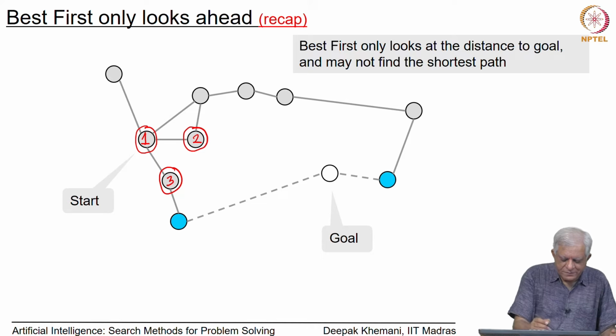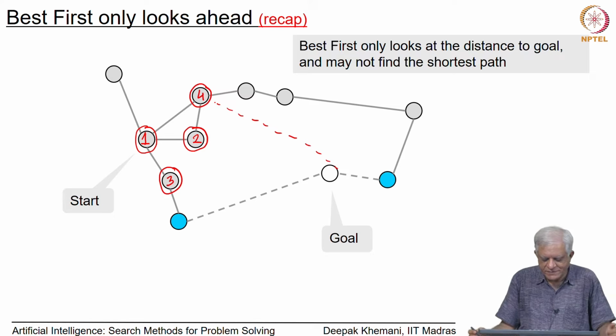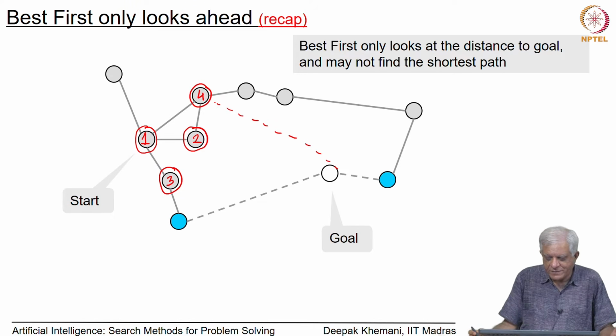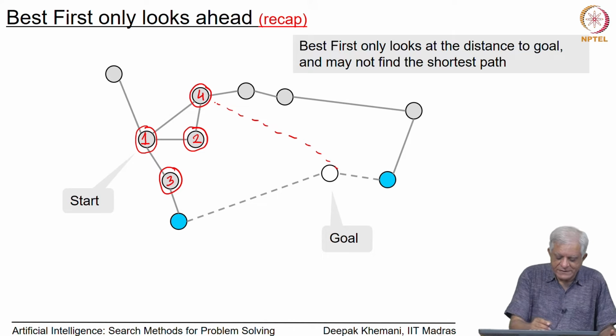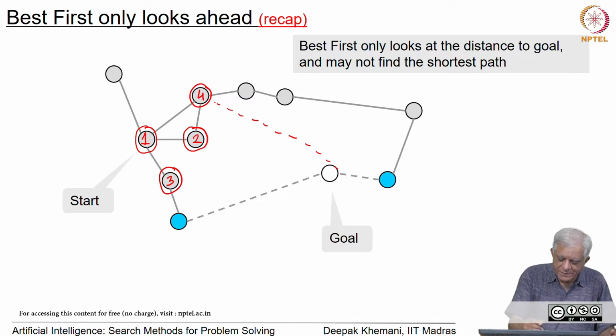On the other hand, this is likely to be the next node, because this distance we imagine is shorter than the distance from the blue node, which would have been the shortest path, and once it generates this, its neighbor which is the next node is even closer to the goal, as you can see here.